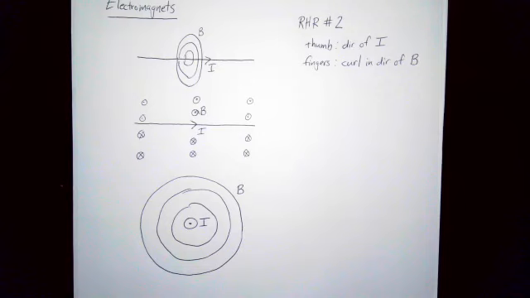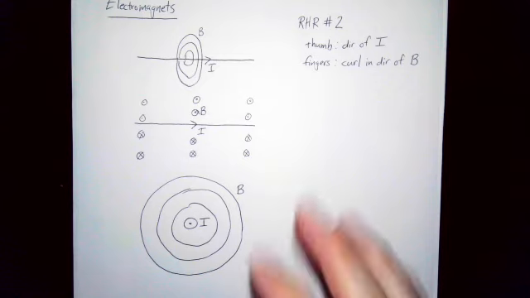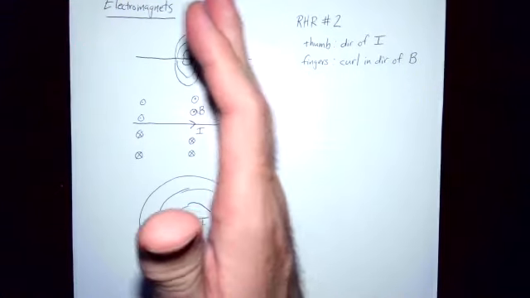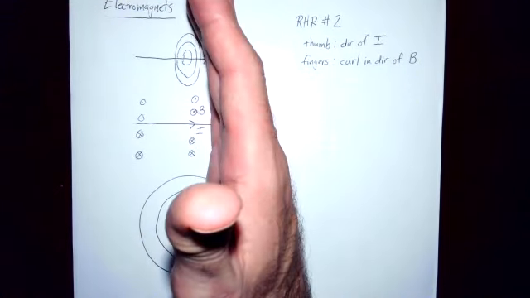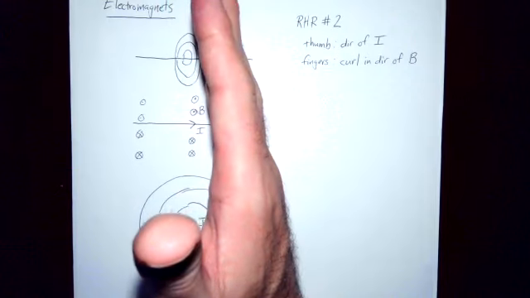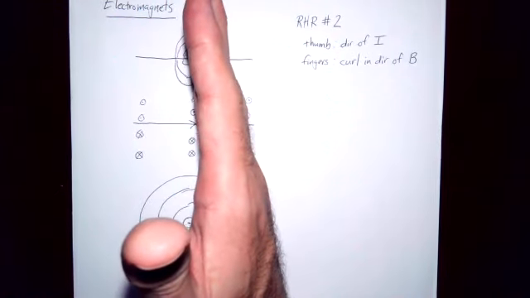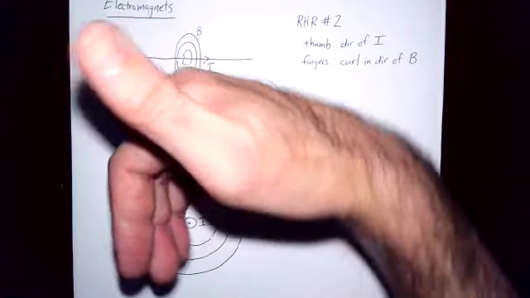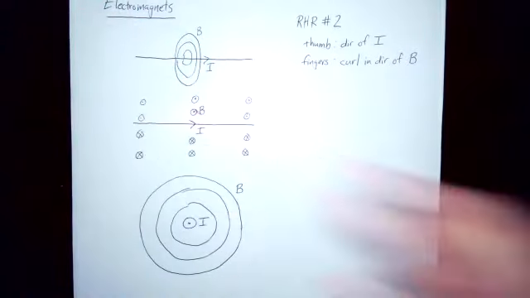Okay, so let me do right-hand rule number 2 here. I'm going to take my right hand. I'm going to point my thumb in the direction of I, so that means I need to point my thumb so that it's coming out of the page towards me, towards the camera, or towards my face. And my fingers are going to curl in the direction that the magnetic field points.